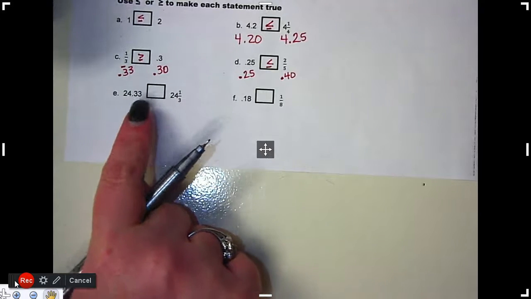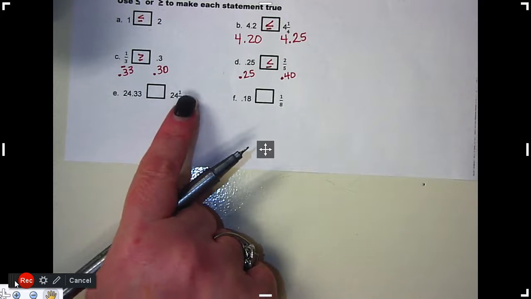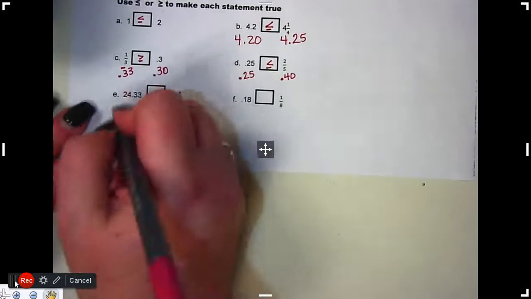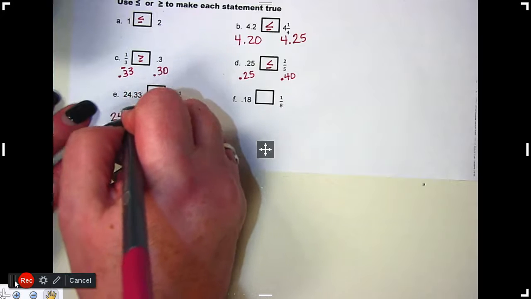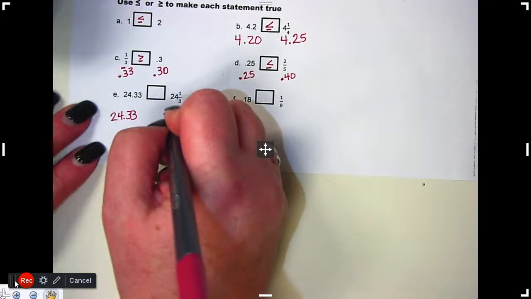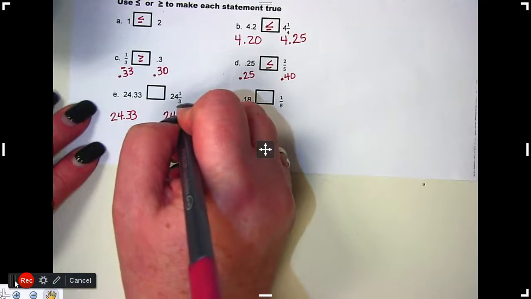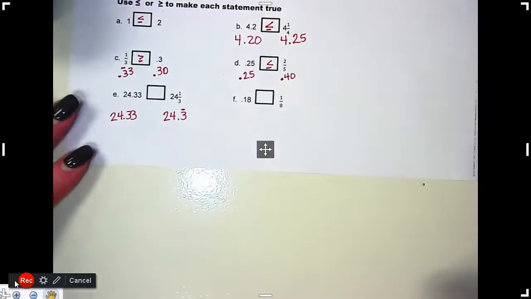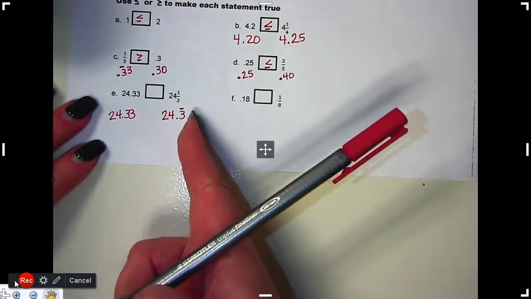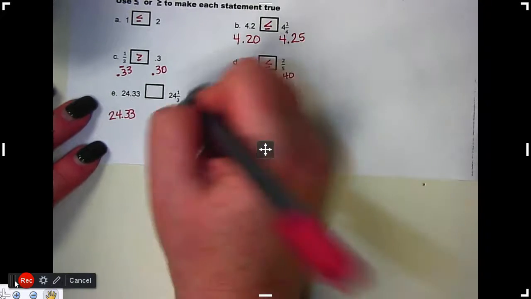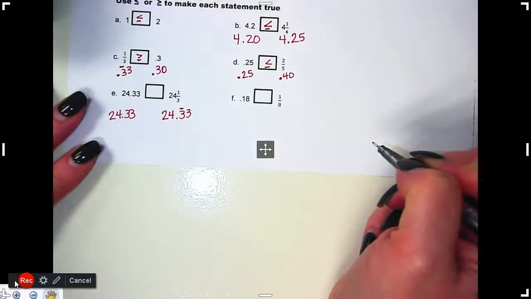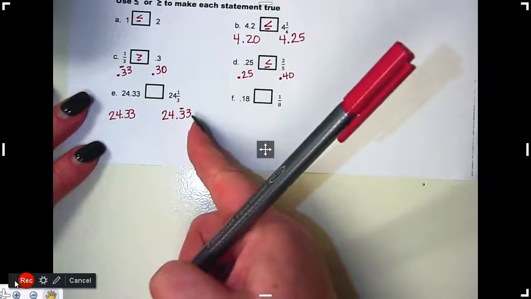All right, let's look at this last row: 24 and 33/100, 24 and 1/3. So 24 and 33/100, 24 and 3 repeating. What's the next digit on this one? A 3. I still don't have enough information to compare. What's the next digit on this one?